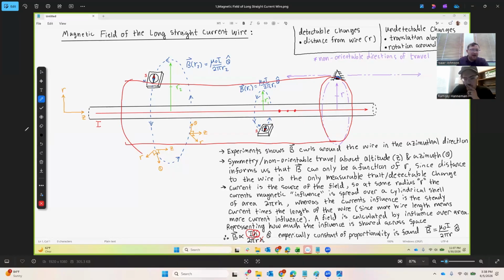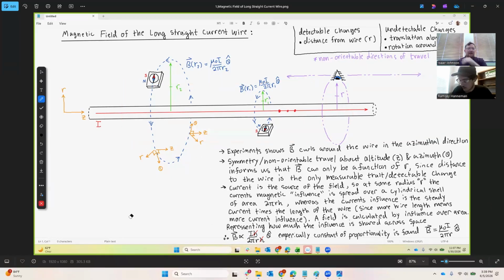So thankfully, we've got canceling infinities, and you just end up with the B field must be proportional to the current, which is the influence, the source, divided by the area it's spread over, which happens to be 2 pi r. And then, of course, you've got your constant of proportionality, which just happens to be mu sub naught. And you did an experiment in 212 that probably got pretty close to what that value is.